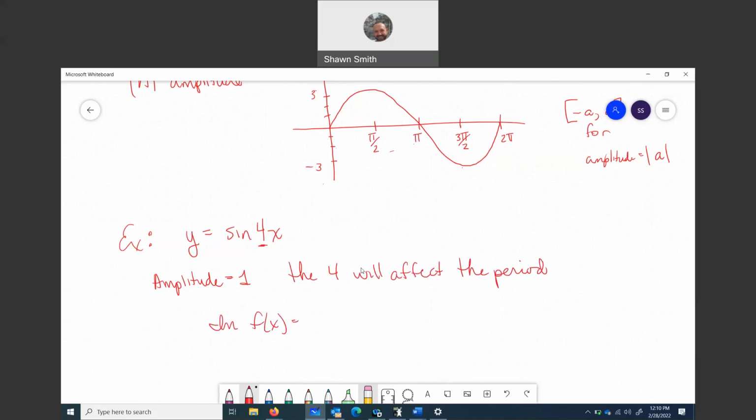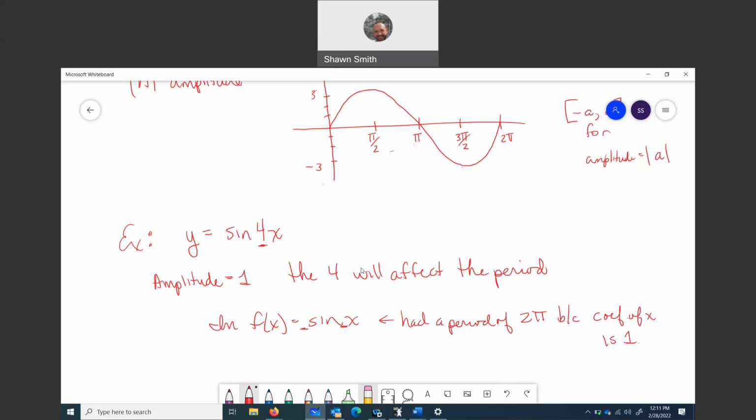In f of x equal just sine x, we had amplitude of 1 because the coefficient is 1, and we had a period of 2 pi because the coefficient was 1. So 2 pi divided by 1 is 2 pi. That's how we got that period.